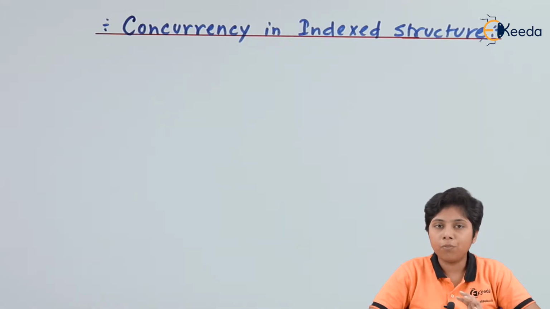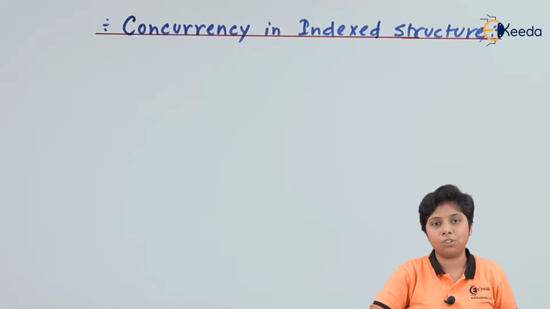Leading to an inconsistent state becomes an inherent problem in concurrency on index structures. So we need to define some protocols for insertion, deletion and lookup on each of these index structures.